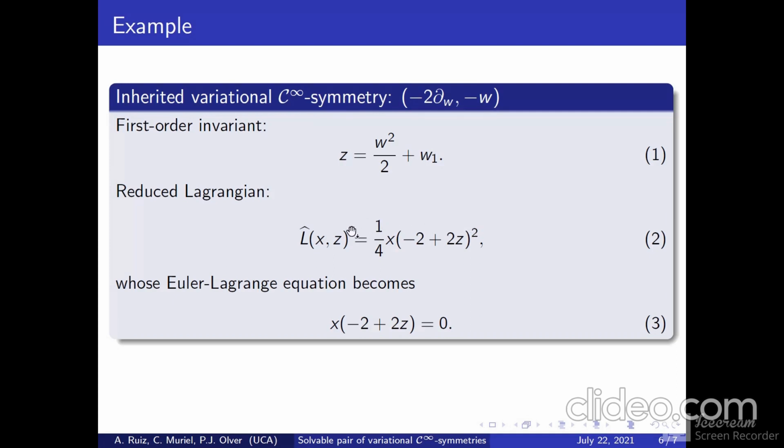As we can see here, this new reduced Lagrangian is of zero order. So its associated Euler-Lagrange equation becomes an algebraic equation which has this form.